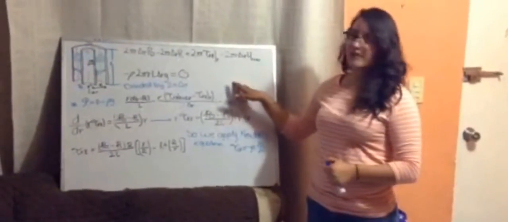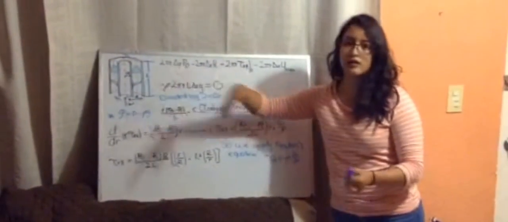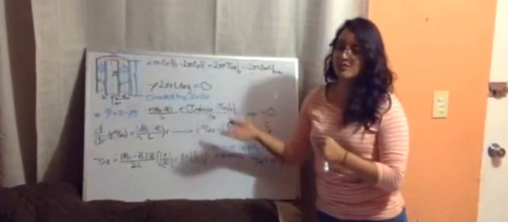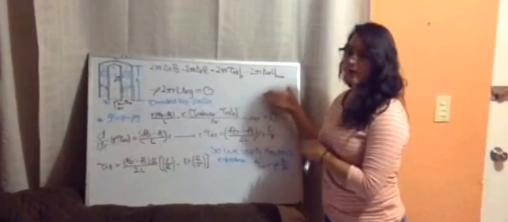To make the balance, we are going to take the areas of the two tubes, and this expression is in the following way.